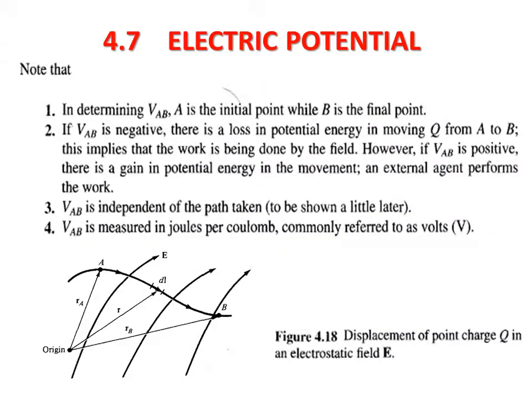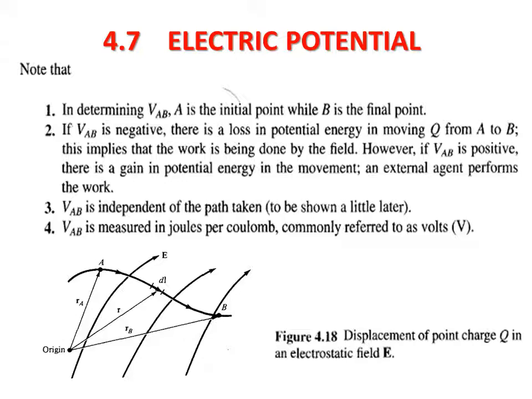Note that in determining VAB, A is the initial point while B is the final point, like we start from A and go towards point B. If VAB is negative, there is a loss in potential energy in moving charge Q from point A to point B. This implies that the work is being done by the field.